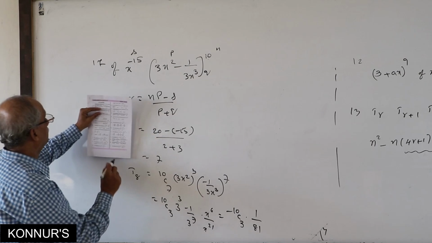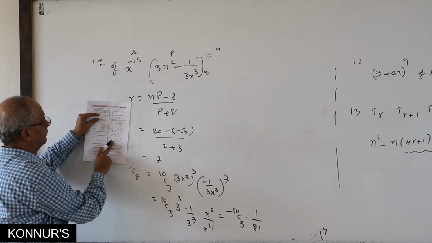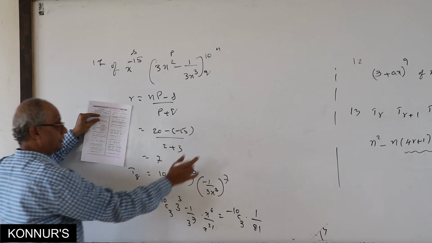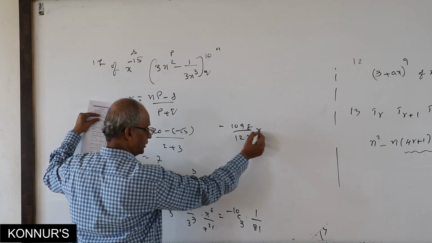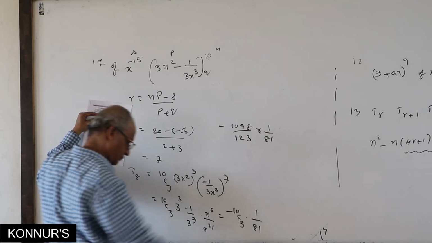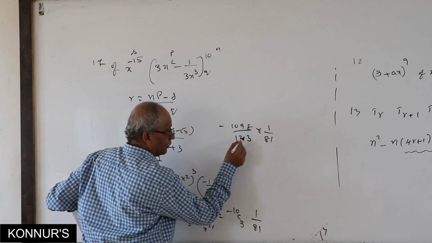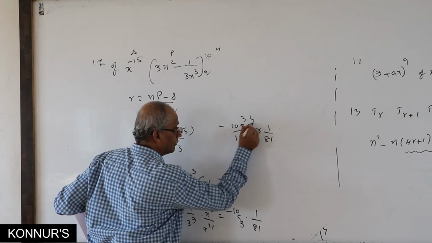A, B, C, D, first notice. The 17th: simplify. You cannot leave combinations. Simplify: minus 10, 9, 8 over 1, 2, 3, and therefore 3 power 4. 3 cancels. 2 cancels.